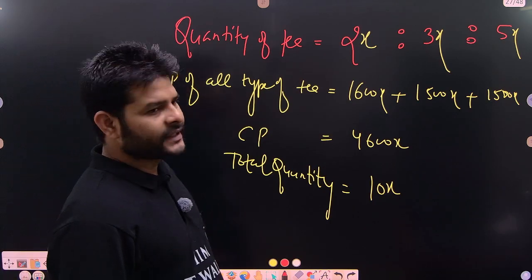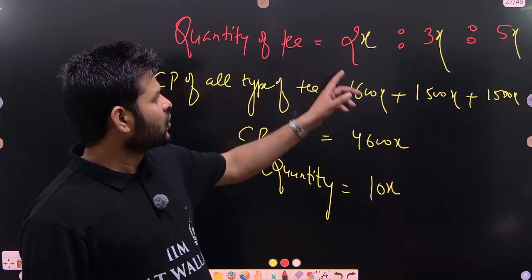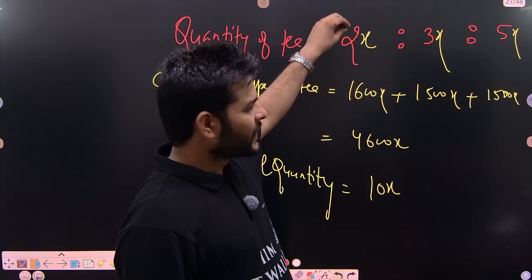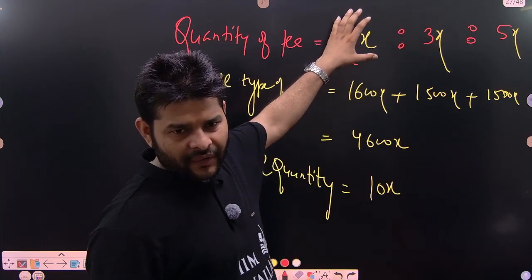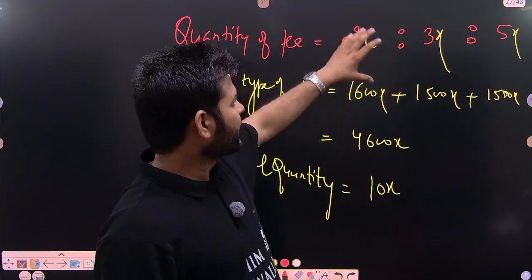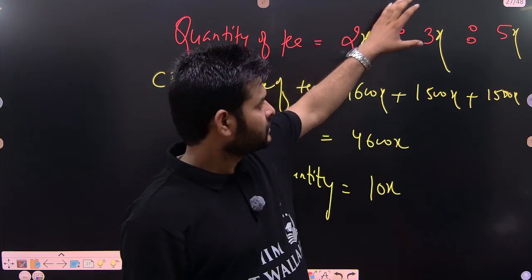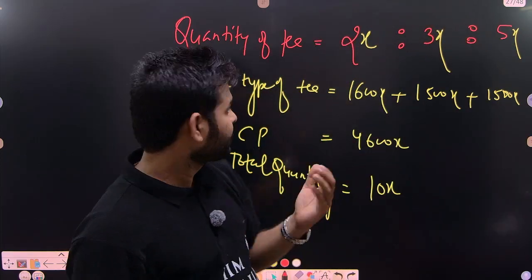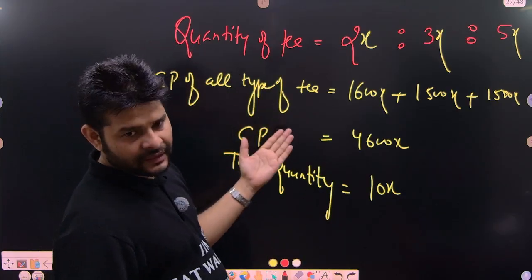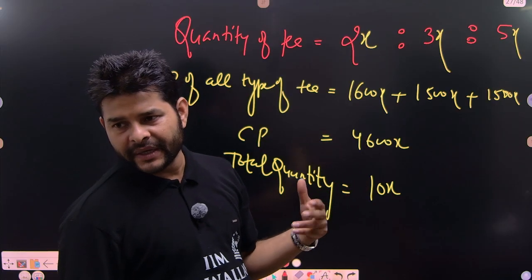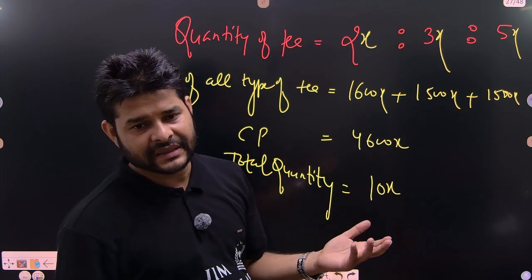Basically, the quantity that he bought is in the ratio 2:3:5, and suppose we multiply by x, the total quantity is 2x superior, then medium quality and inferior quality, and the CP of superior quality tea is 800 per kg.